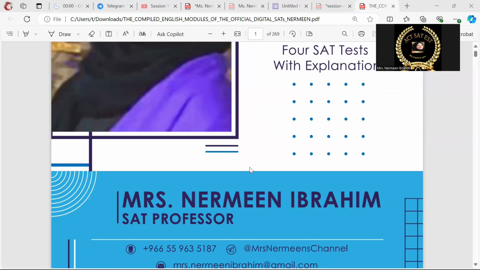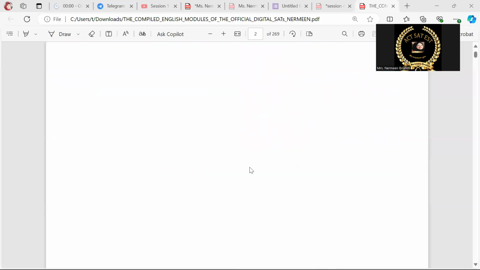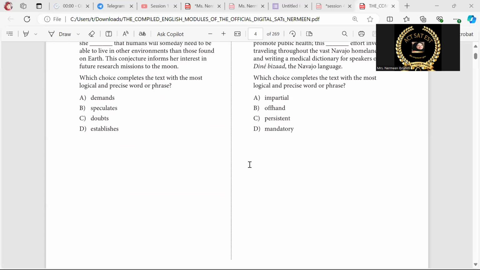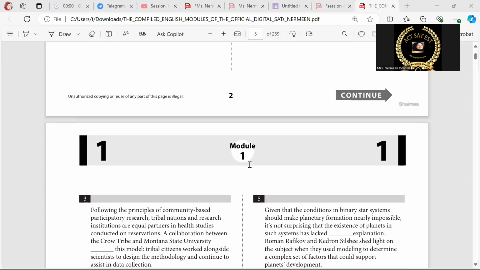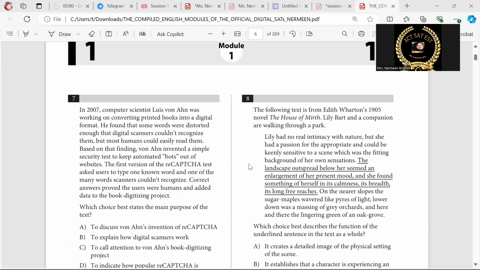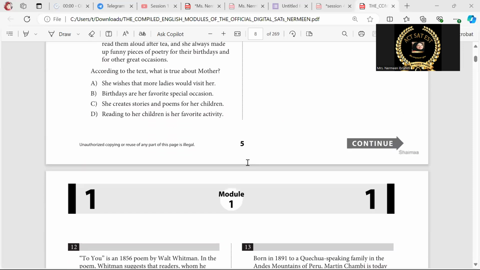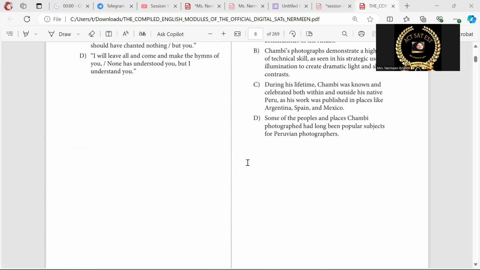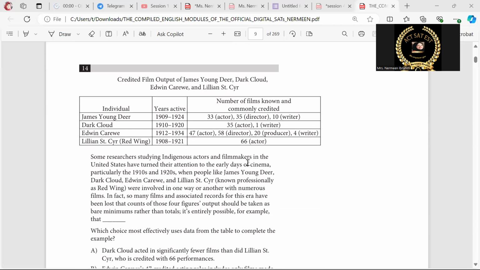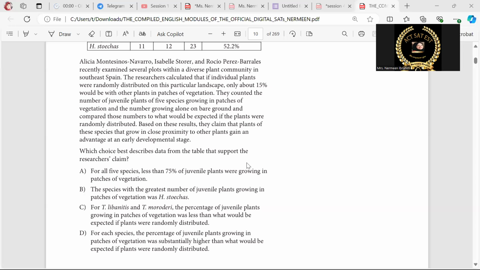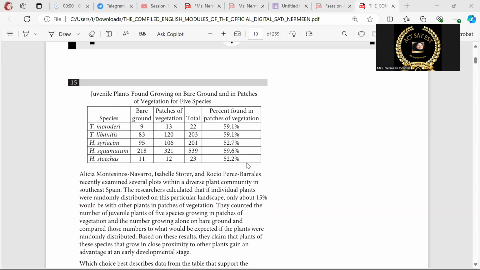Look here, this book has the tests that the College Board released for you to practice on. Usually in any module or in any test, you will find that the grammar questions that we're dealing with will be found in the second half of each module.